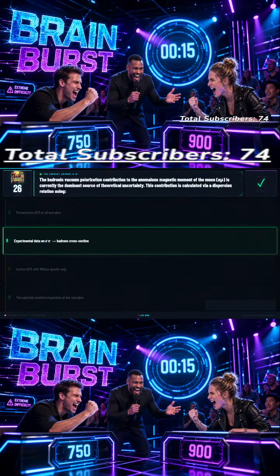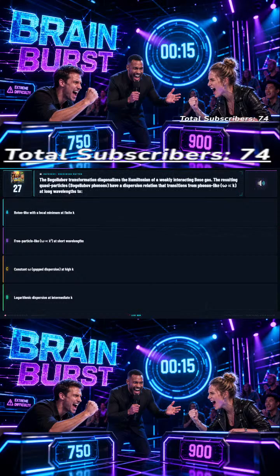Time's up. The correct answer is B, experimental data on e+e- to hadrons cross-section. Question 27. The Bogoliubov transformation diagonalizes the Hamiltonian of a weakly interacting Bose gas.